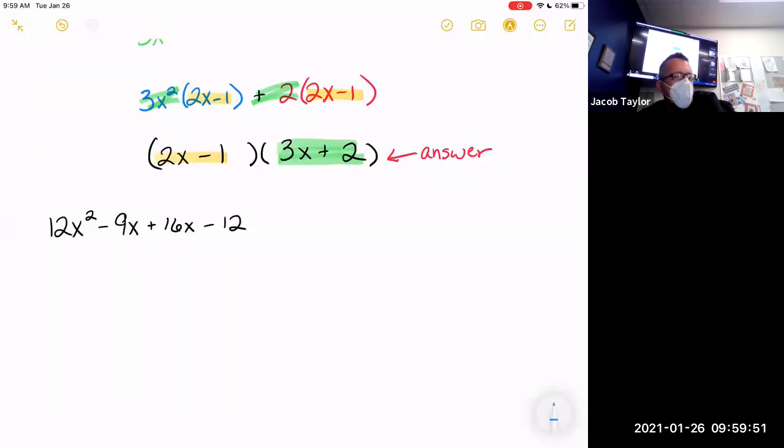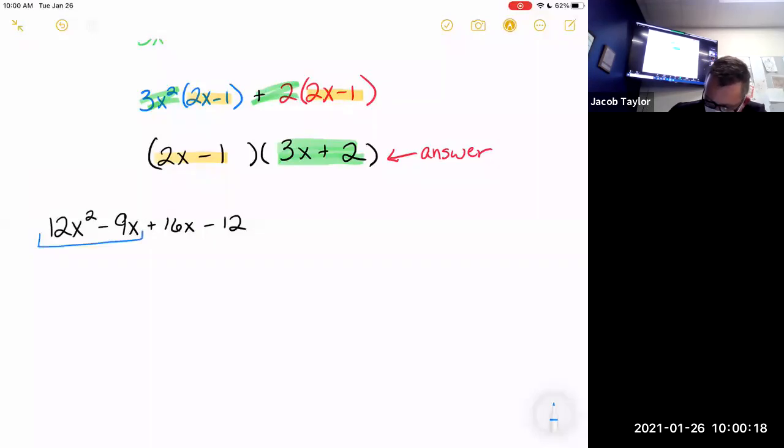So this is one in which we do have two like terms we could combine. We have a minus 9x and a plus 16x. We could combine those. But if we combined them, what would our next step be? We just have 3 terms without a common factor. So I think it might be wiser for us to try to factor by grouping first.